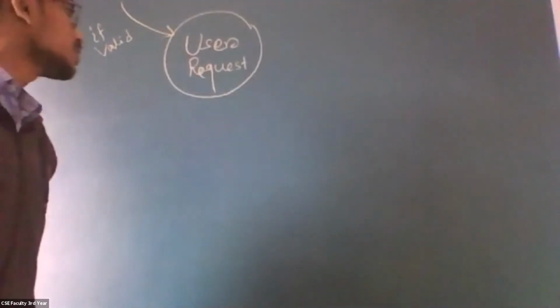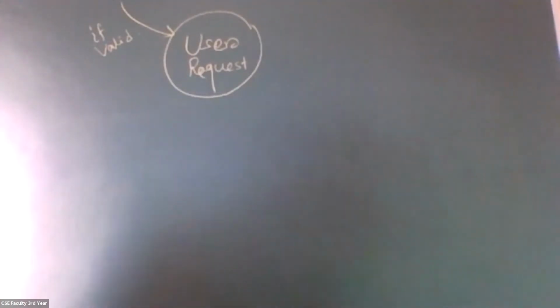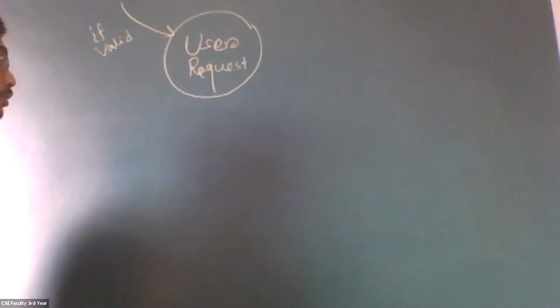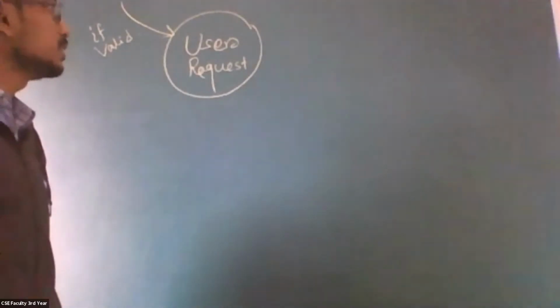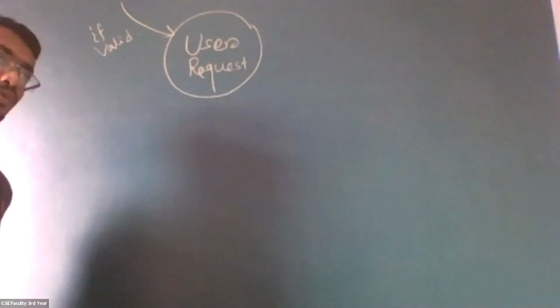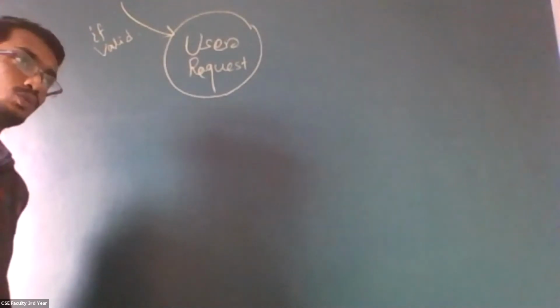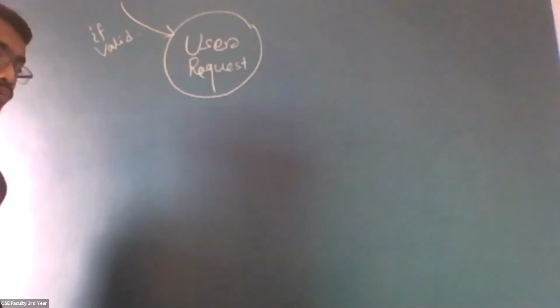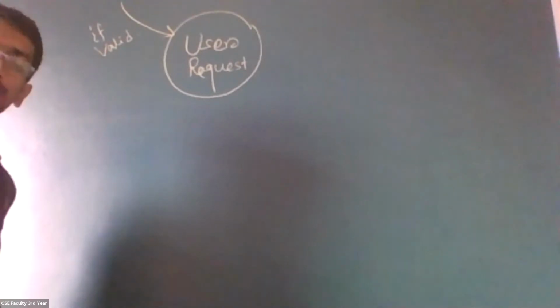Now, from user request, what can we do? After login and validation of the user's information, the user is requesting the system that I need a book, or I need to do a renewal for a book, or I need to return a book.